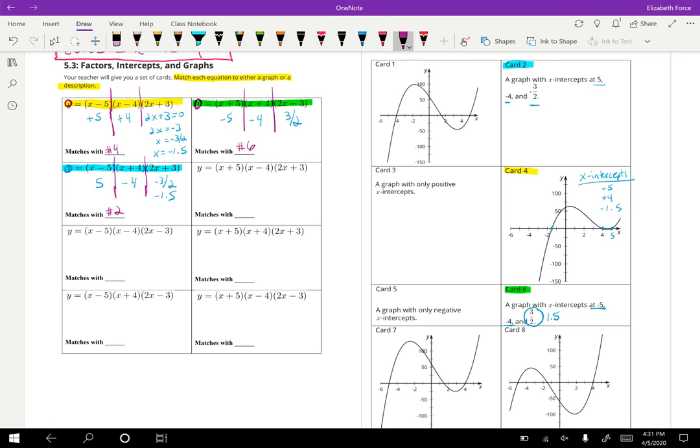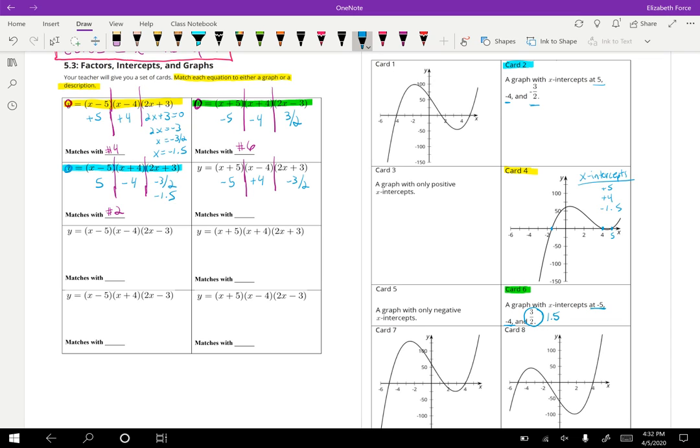Moving on to the fourth. You've got negative 5, positive 4, and then minus the 3 and divide by the 2. I want to keep my colors the same. Let's do that again: negative 5, positive 4, minus the 3, divide by the 2.